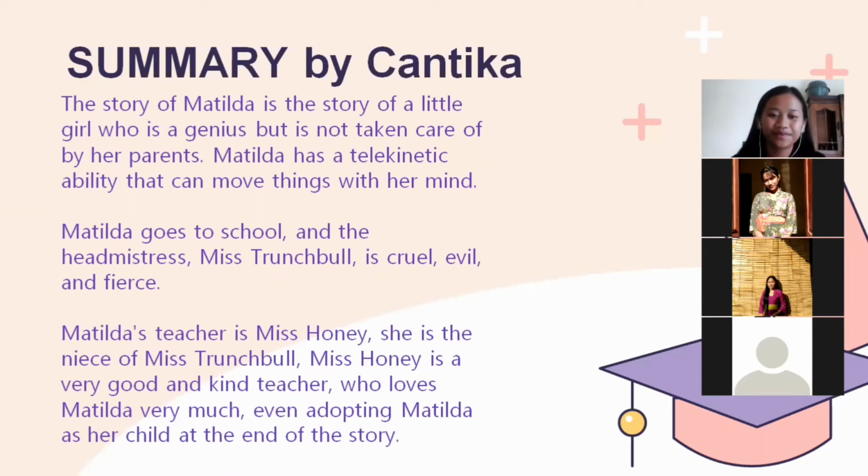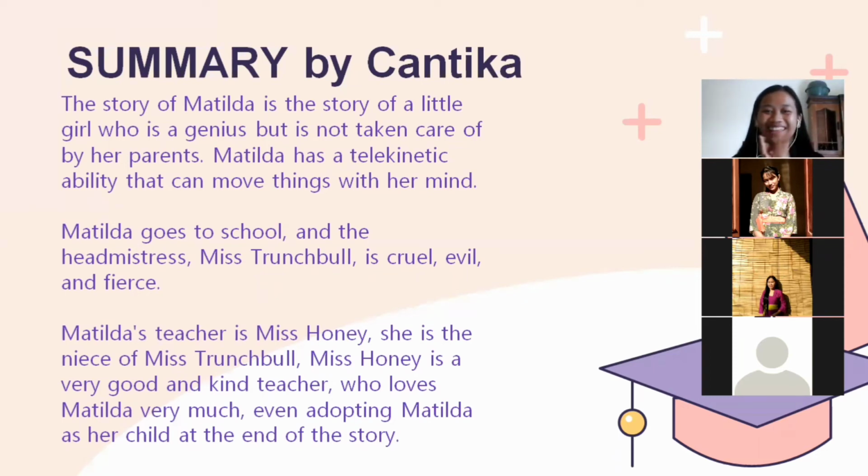Matilda's teacher is Miss Honey. She is the niece of Miss Trunchbull. Miss Honey is a very good and kind teacher who loves Matilda very much, even adopting Matilda as her child at the end of the story.